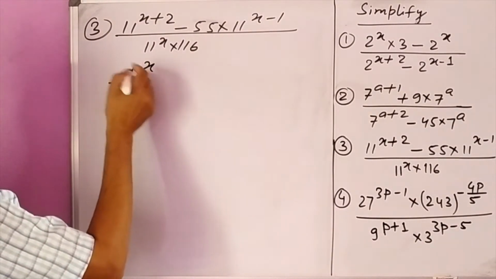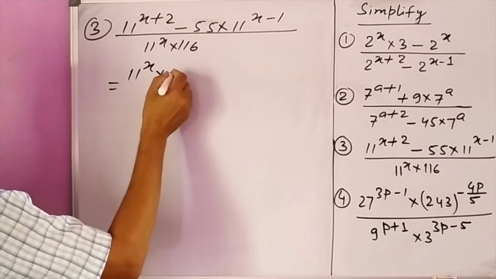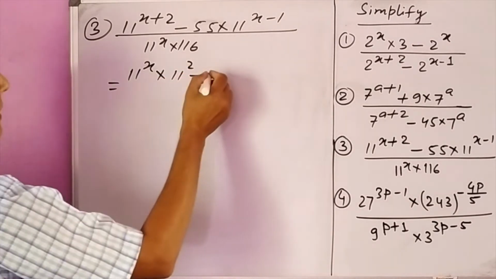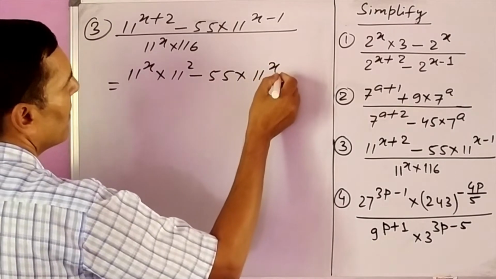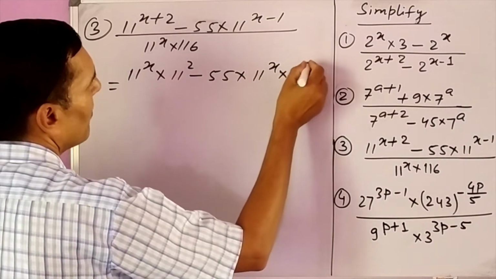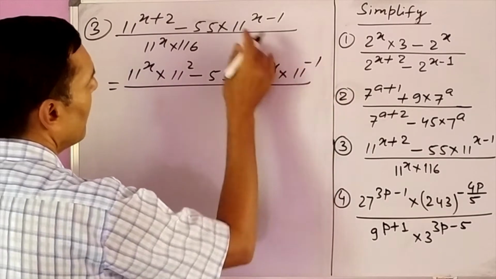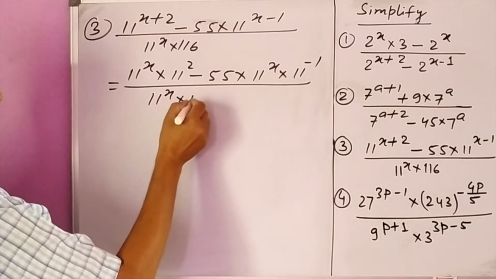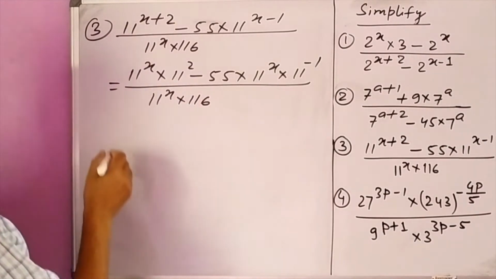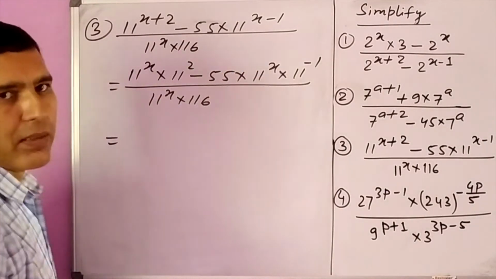This can be written as 11 to the power x into 11 to the power 2 minus 55 into 11 to the power x into 11 to the power minus 1. Separating the power here also. For the denominator, we don't have to do anything. We write this as it is, so that we can take 11 to the power x common.